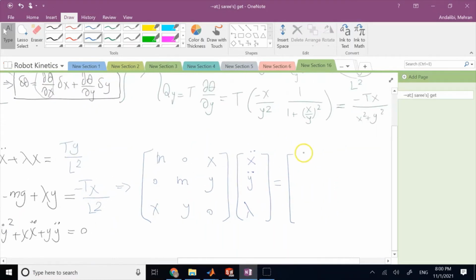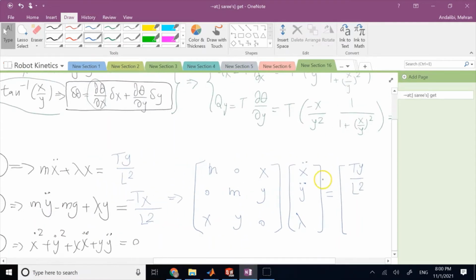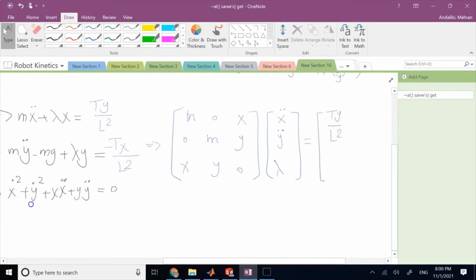And the right-hand sides are like ty over L squared. The second one is negative tx over L squared. And then this mg will go to the other side. And the last one, you will get negative x dot squared, negative y dot squared.